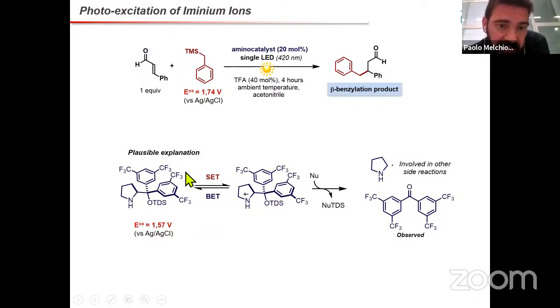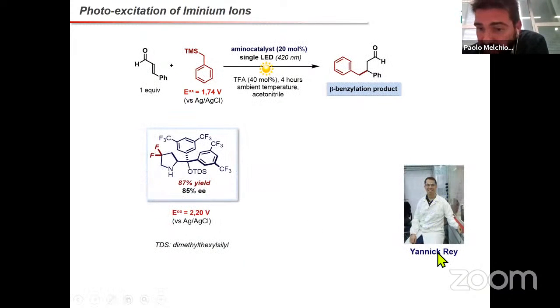So the target for us was to make this catalyst more resistant toward oxidation. It was one of my postdoctoral fellows, Yannick, that came up, I think, with a very good idea, that was to introduce in this pyrrolidine scaffold this difluorinated moiety, this geminal difluorinated moiety that increased the oxidation potential of the amino moiety.